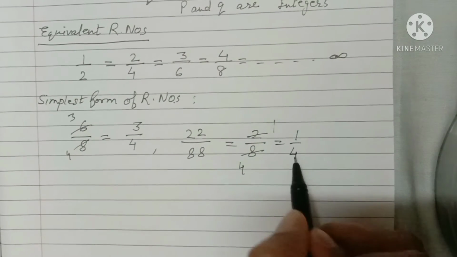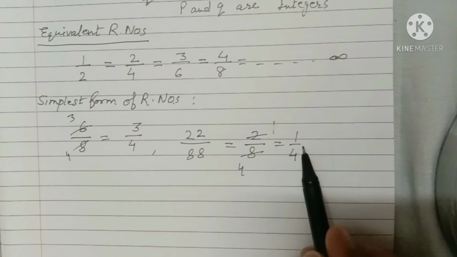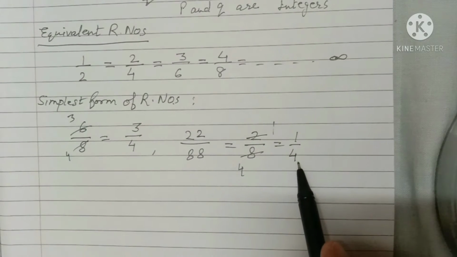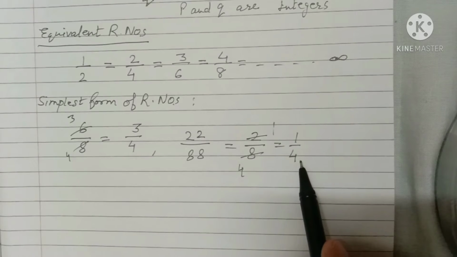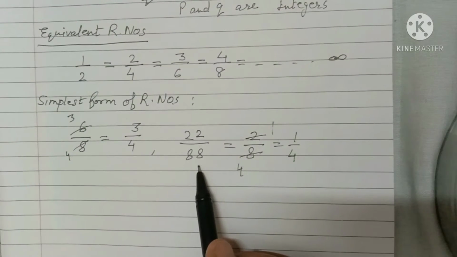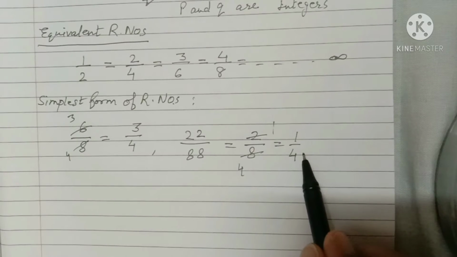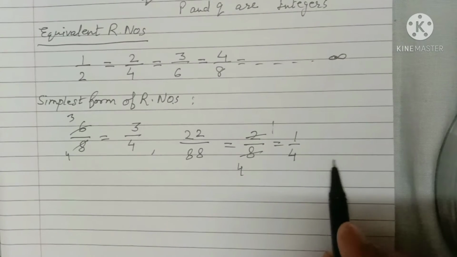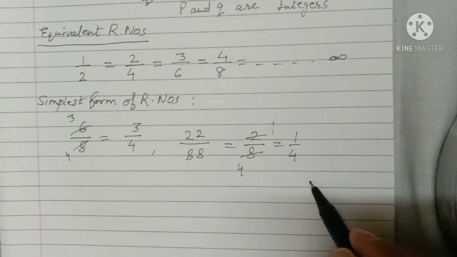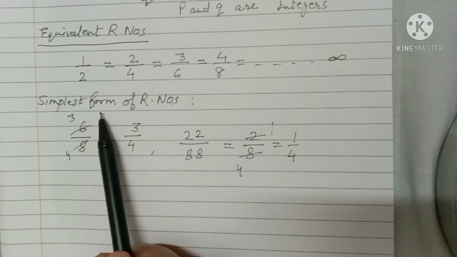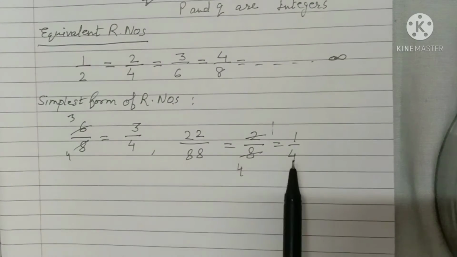This becomes 1 upon 4. So 1 upon 4 is the simplest form of the rational number 22 upon 88. Here there is no common factor other than 1; both are co-prime numbers.